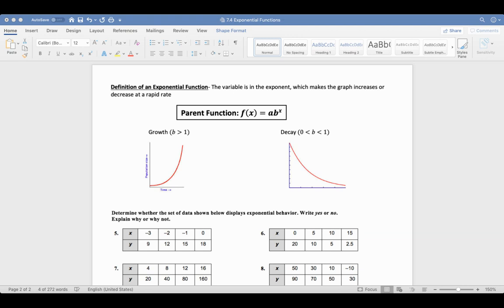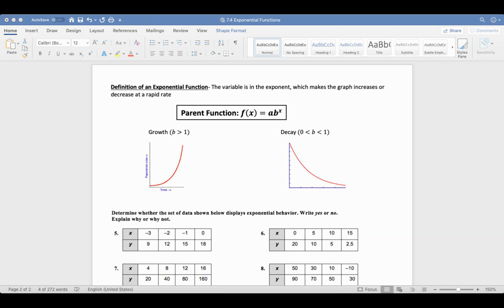So now what? 2.5 divided by 5 is 1/2, or 0.5.